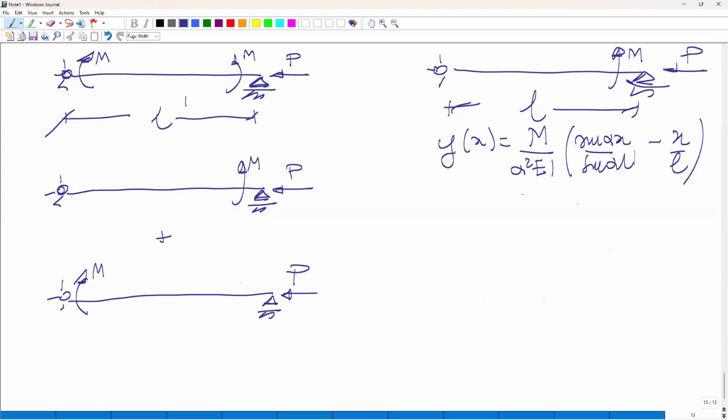Otherwise, in one of the cases, you will lose the second order effects. So you must not make the mistake of summing this up. This means that you superimpose the effects of the flexural loads for the same axial force.